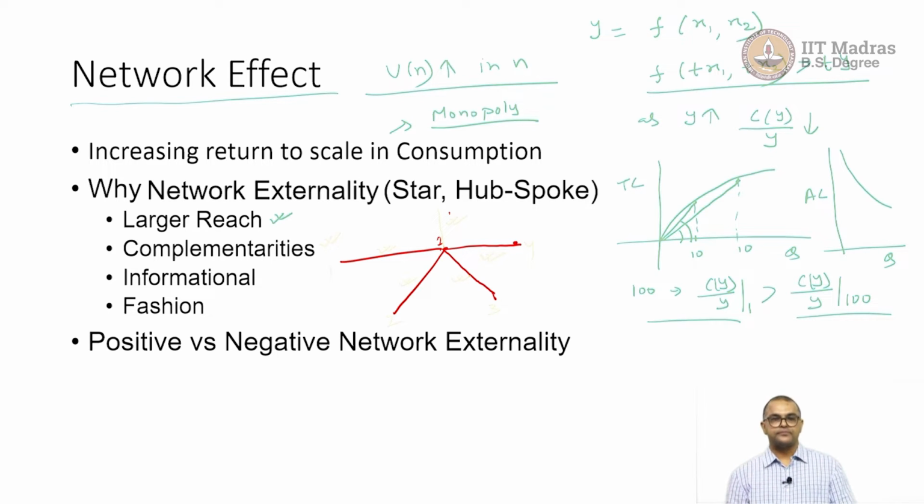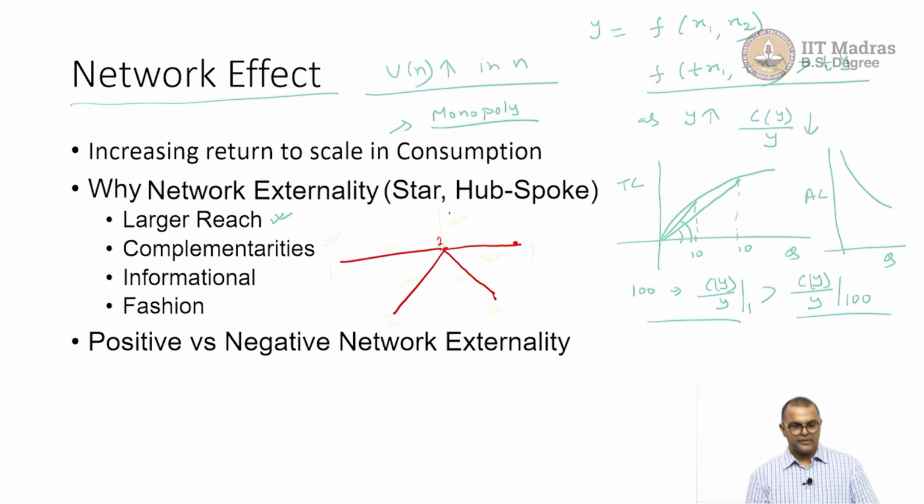Complementarities, because different people are able to do different things, so they can help each other in different ways, and that's how complementarity would work. Remember, we talked about substitutability and complementarities while talking about Eco 901. What was complementarities?